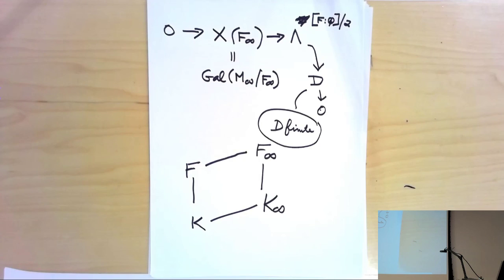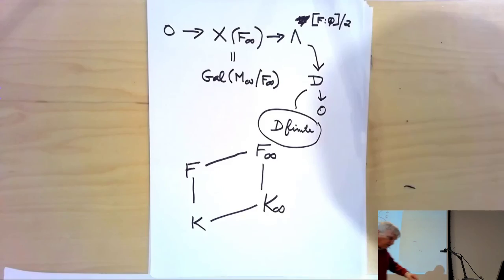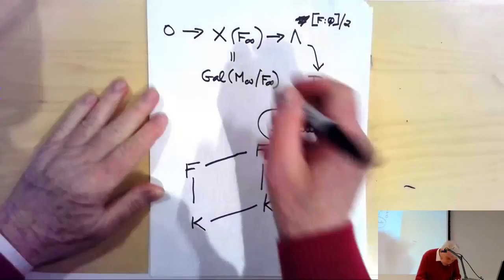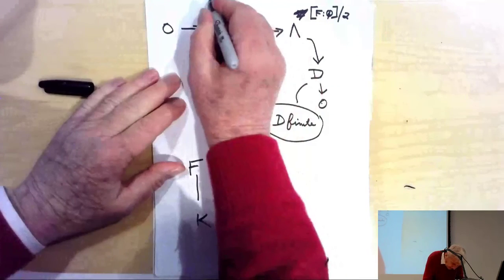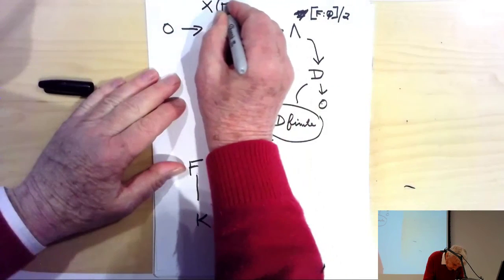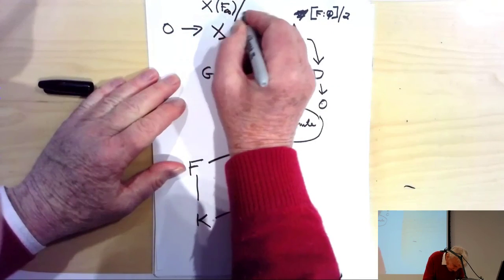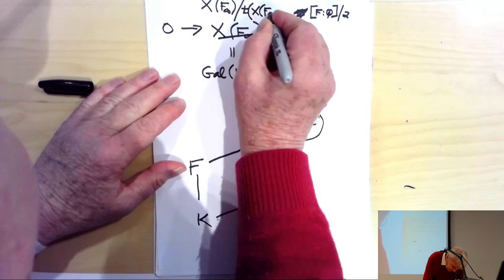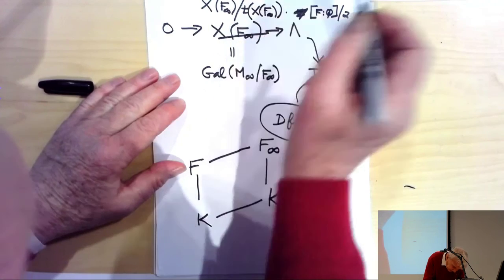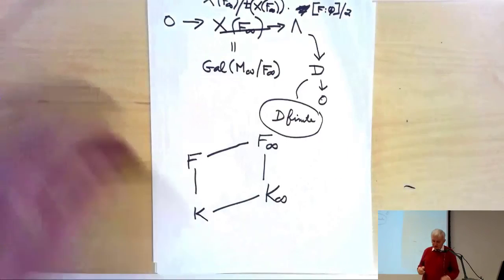No, because I just proved it had no finite. Yeah, but it could have a torsion submodule, right? Oh, yeah, you are so absolutely right. I should say this is X over torsion submodule. Excuse me. Romeo's absolutely right. X_F infinity divided by its torsion lambda submodule. Thank you, Romeo. Yeah, I'm not thinking. Of course, that's correct.